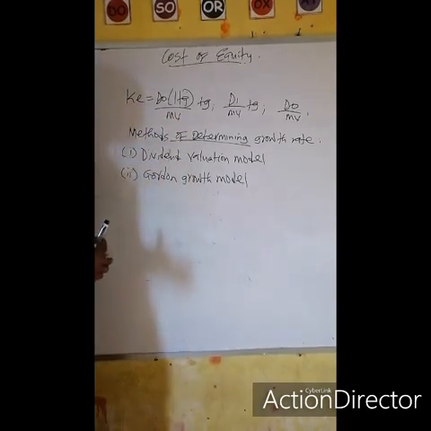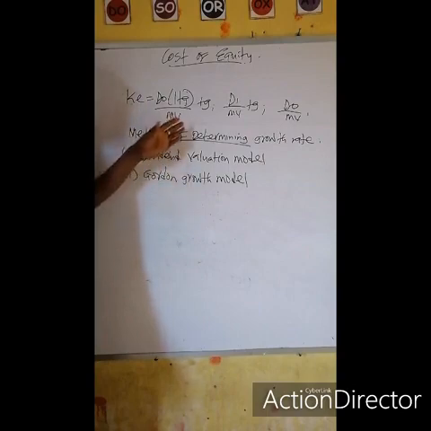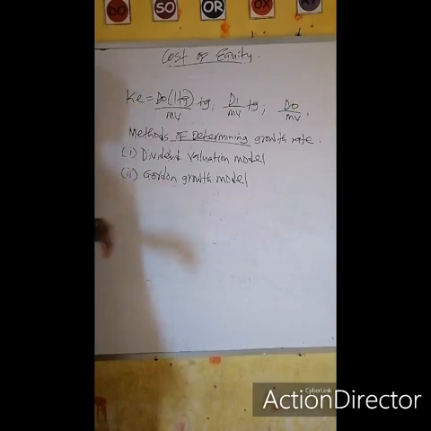We are going to take it one after the other to see how we can use either of these methods to calculate our growth rate. It will depend on the information given to us in the question, which will tell us which formula to use. Are we using the dividend valuation model or the Gordon growth model?